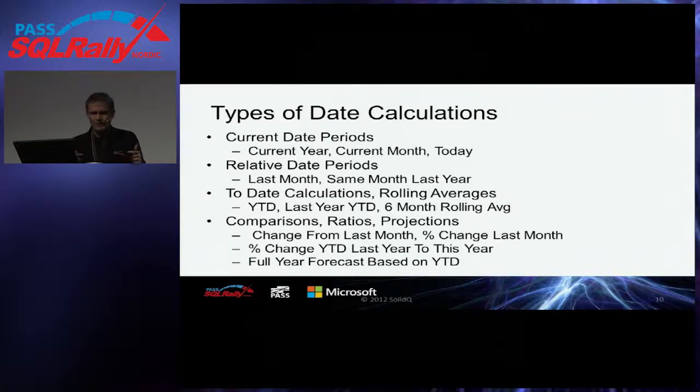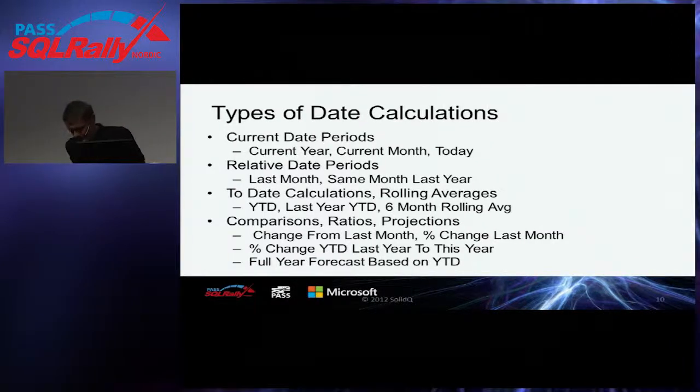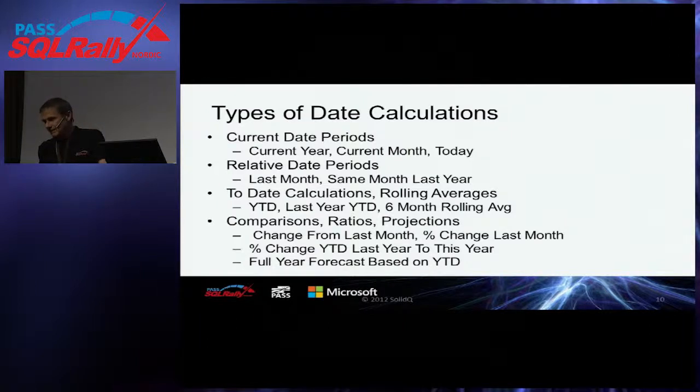As I've worked with date calculation hierarchies with my clients, I've identified 4 different types of date calculations. And again, this is a division of the world that I made up, but I find it useful.